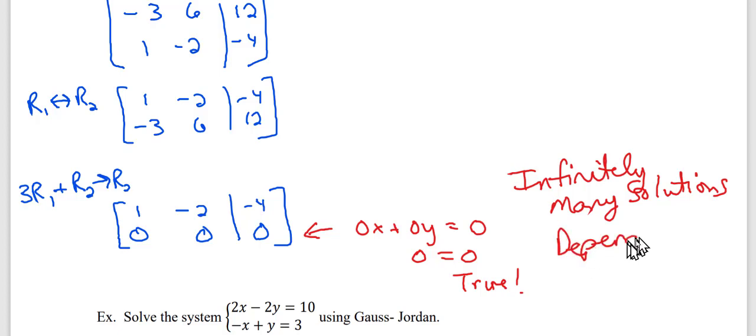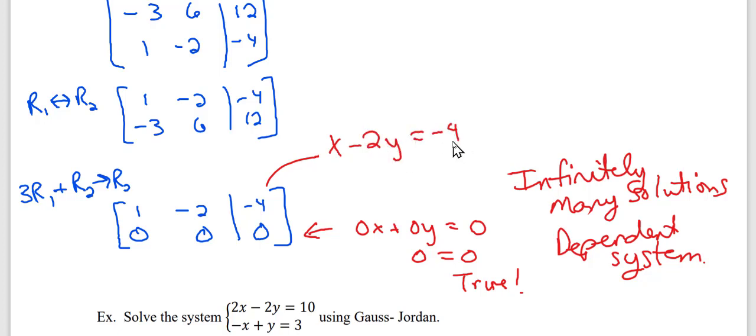This is a dependent system. Specifically, it has this relationship where x minus 2y equals -4. Sometimes you'll see this as something like, okay, let's solve this for x to say x equals 2y minus 4.